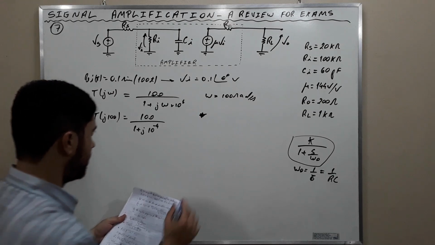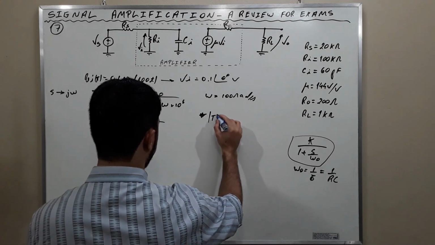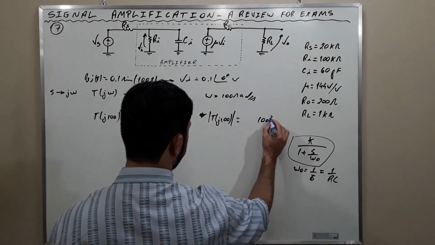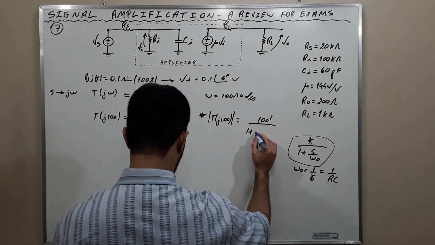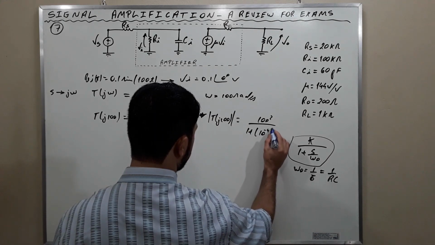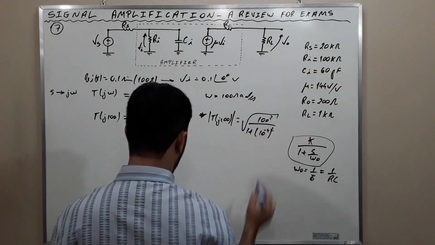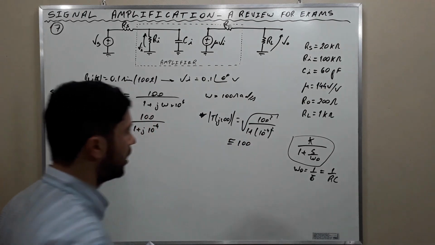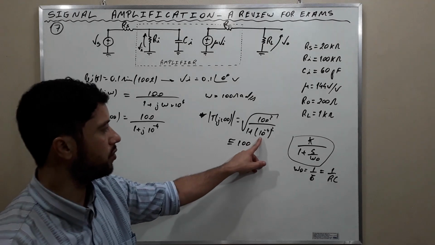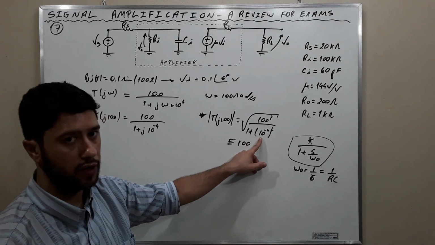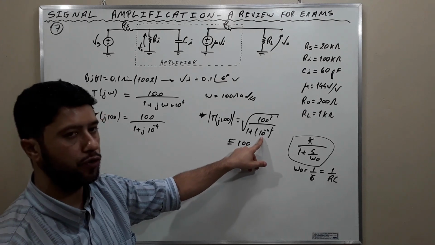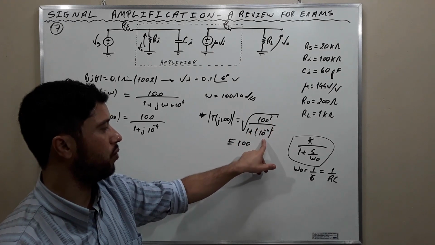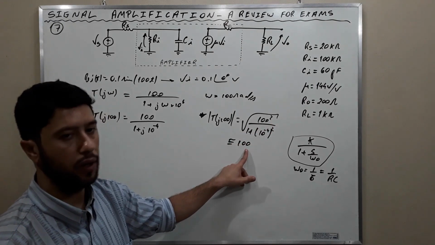The magnitude of T of j100 is the square root of 100 squared divided by 1 plus 10 to the negative 4 squared, which is approximately equal to 100, because 10 to the negative 4 squared is 10 to the negative 8, and 1 plus 10 to the negative 8 is approximately 1. 10,000 divided by 1 is 10,000. The square root of 10,000 returns 100.